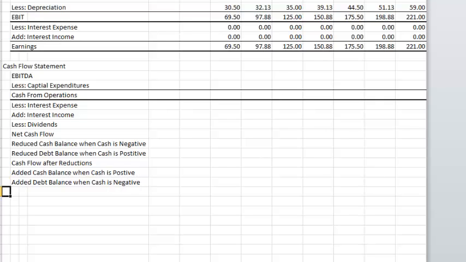Now we can have a net final cash flow, which better be 0.